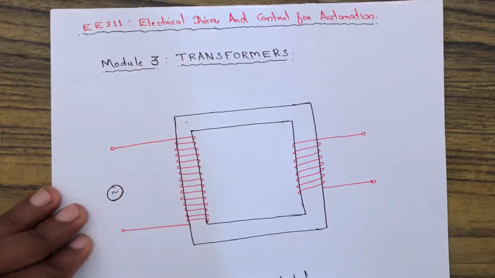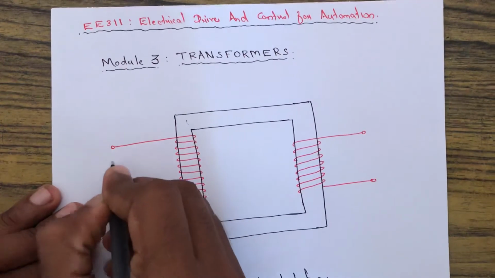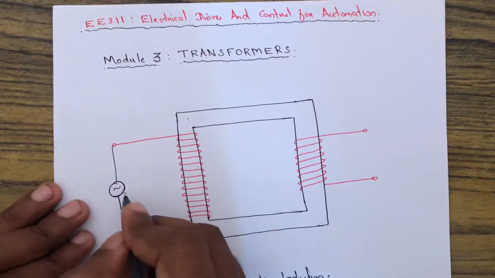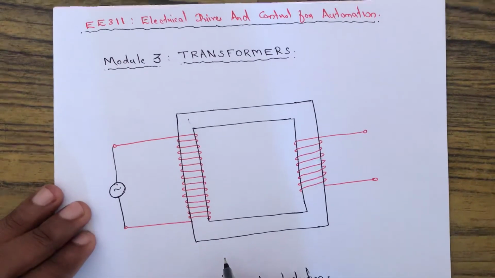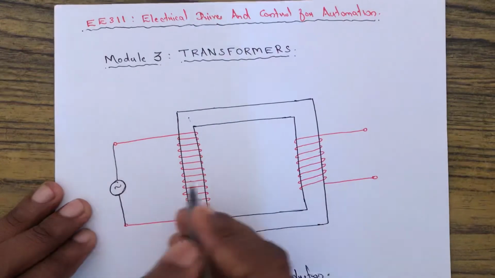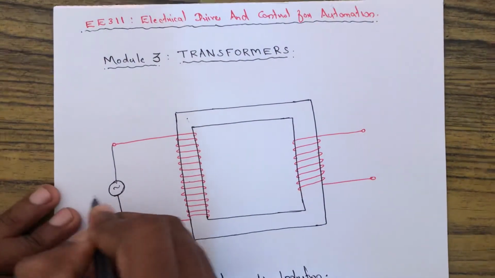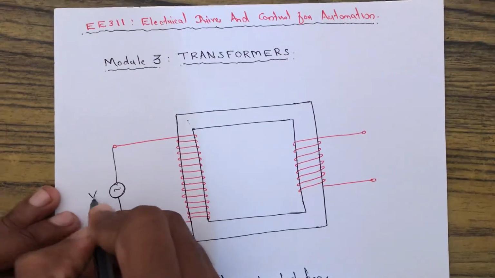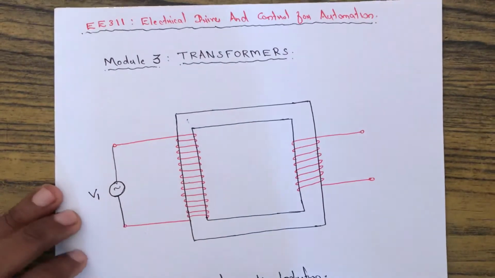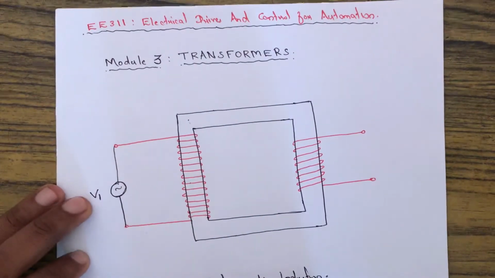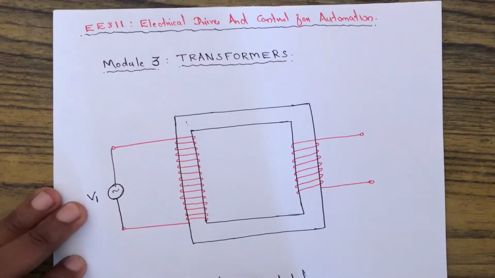This is the symbol of an AC voltage source, and we are applying it to this winding. Then this winding is called the primary winding. The winding connected to the supply mains is called the primary winding. Let the applied voltage be V, and since it is the primary side, we call it V1. So we are applying a voltage V1.